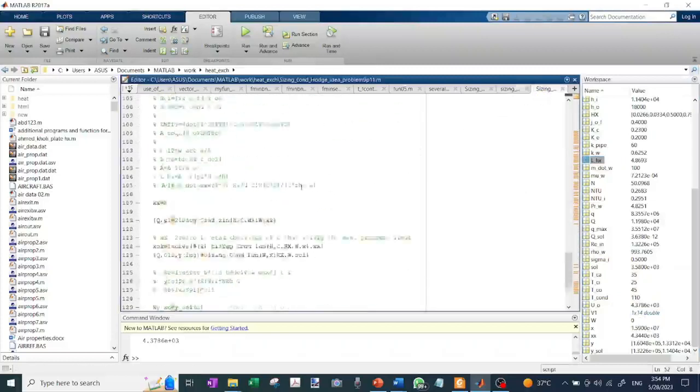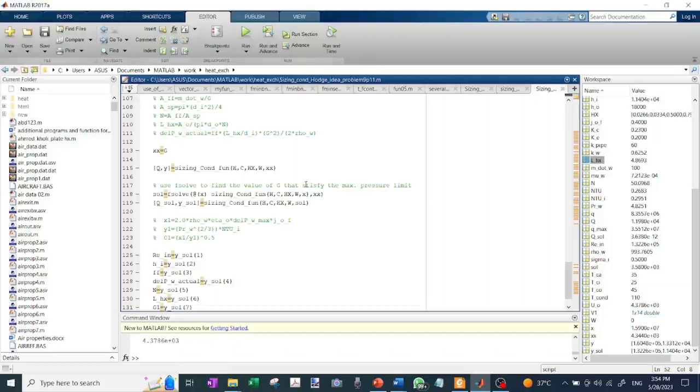If somebody would like to utilize fsolve, this is the command that utilizes all the information given, and we use what we call the sizing condenser function, with input values, and this is the initial guess for G. So fsolve in this will go and solve the problem.